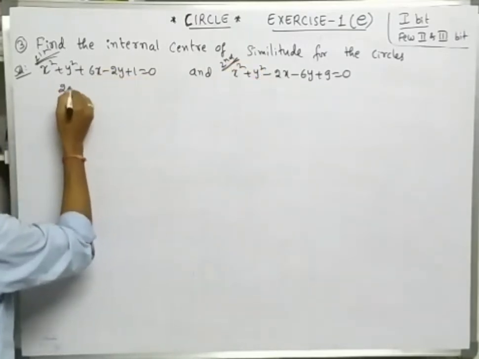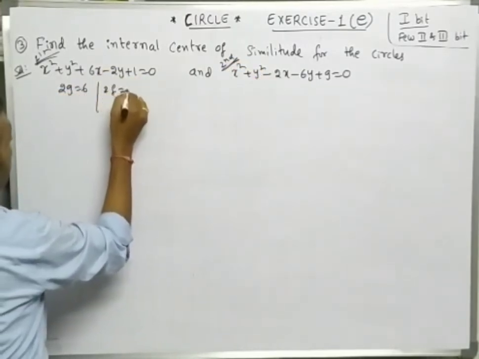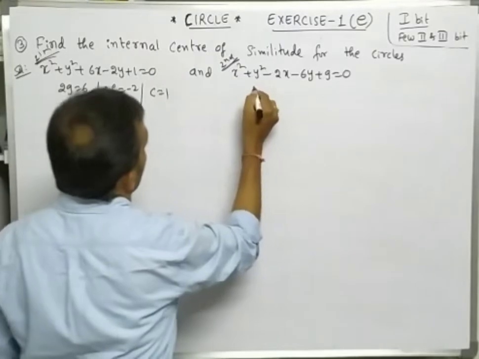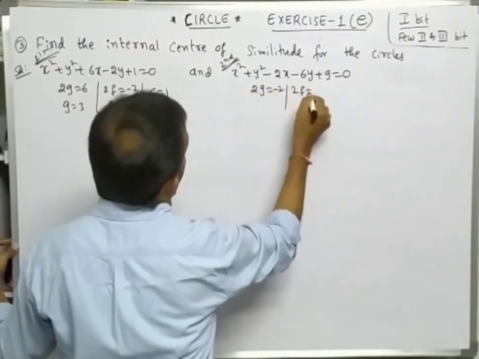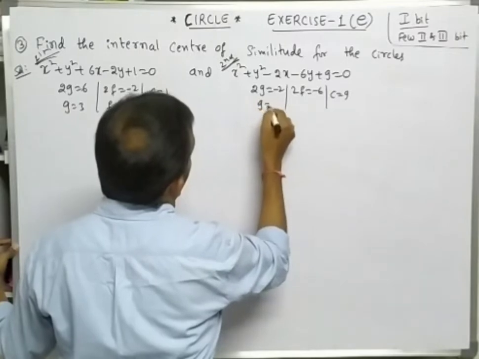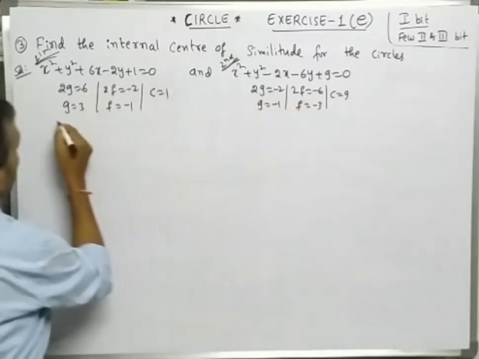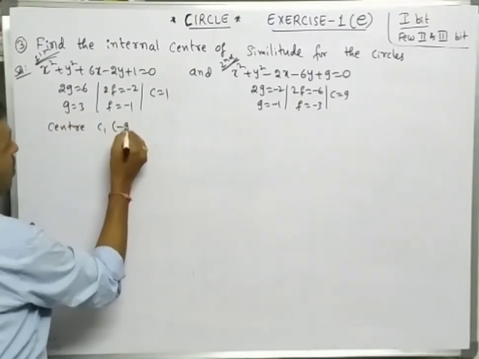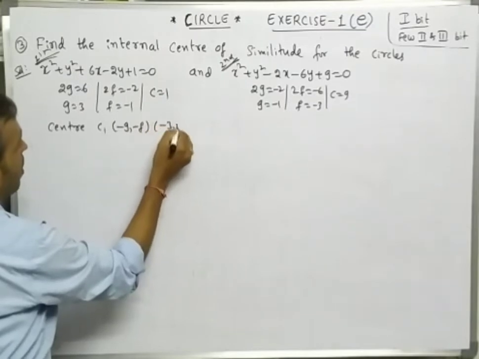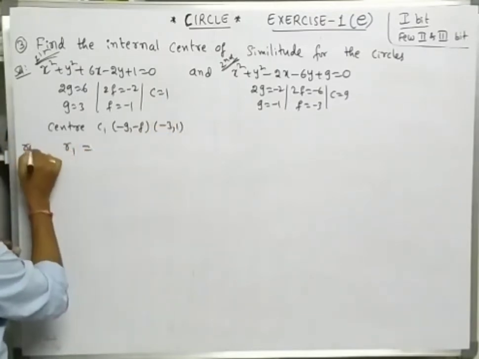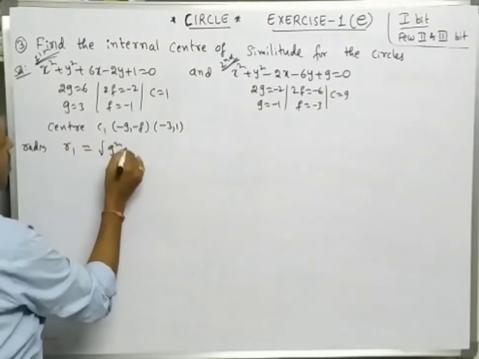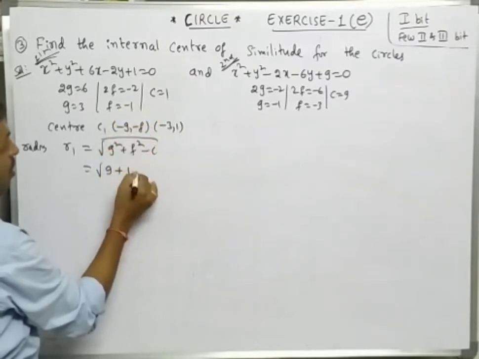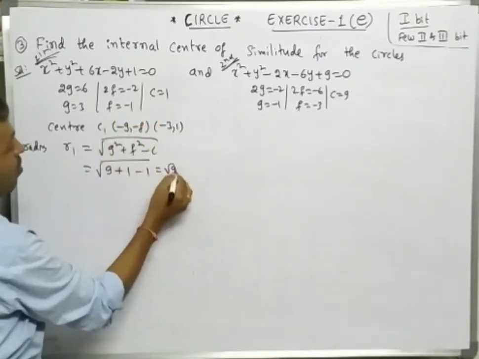For the first circle, comparing, 2G is 6, 2F is minus 2, C1 is 9, G is equal to 3, F is equal to minus 1. So in this case the center is minus G comma minus F, that is minus 3 comma 1, and the radius R1 is under root of G square plus F square minus C: 3 square 9, minus 1 whole square 1, minus 9, that is root 9, 3.